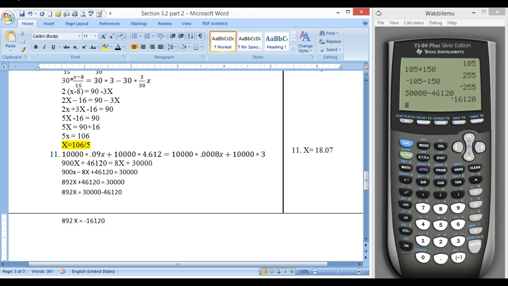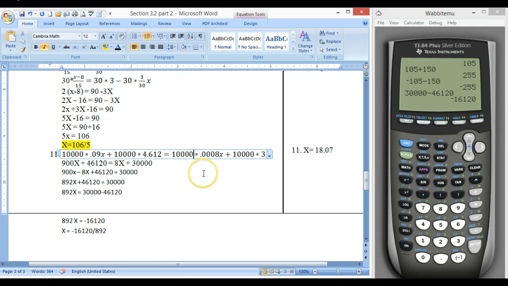So I have x equals, because I've divided both sides by 892, negative 16,120 divided by 892. Now, if I had started out with fractions, this answer would be completely appropriate. However, I started out with decimals, which means my answer should be in a decimal. I've noticed on your homework that that doesn't stay consistent.